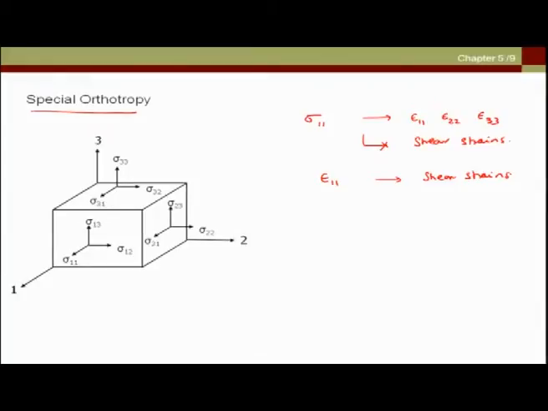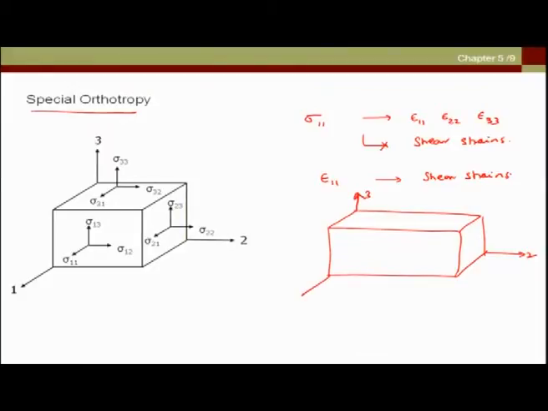Physically, why would that be possible? Suppose the material is a piece of wood. Let us say this is my 2 axis, this is my 3 axis and this is my 1 axis, and suppose all fibers are parallel to the 2 axis.